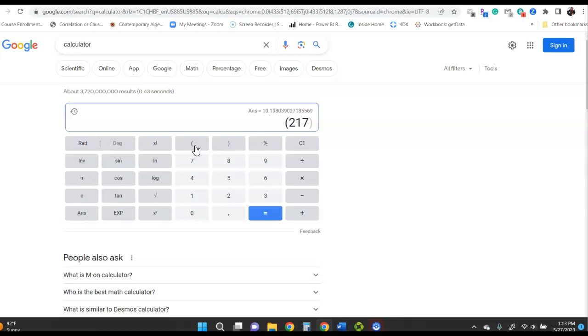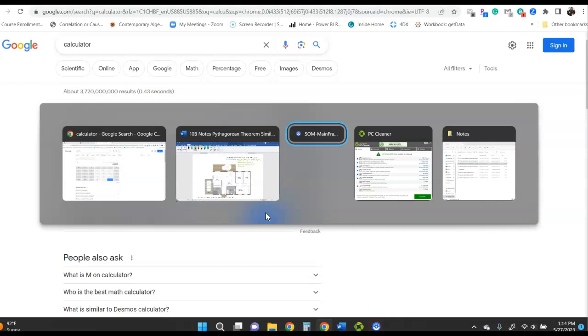Let's go back to bedroom 1. 217 times 121, close those parentheses, plus bedroom 2, which is 103 times 174, close those parentheses, and then we're going to add bedroom number 3, whose dimensions were 110 by 174, close our parentheses, equals, and we end up with 63,319 square inches.